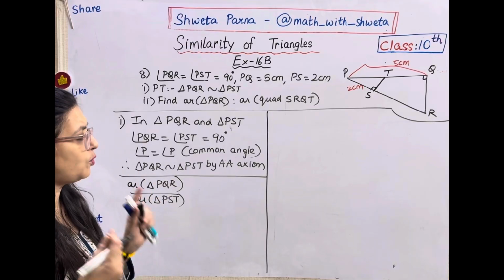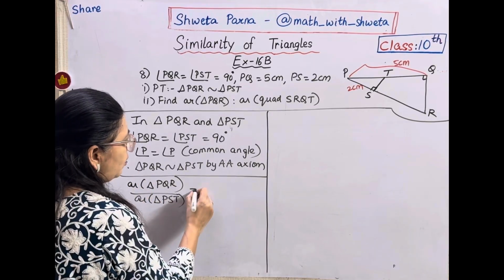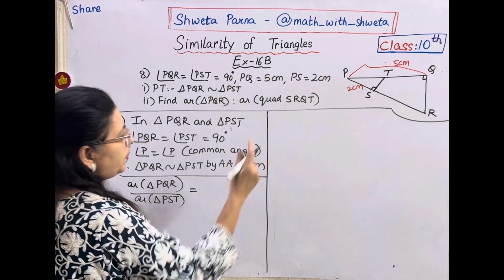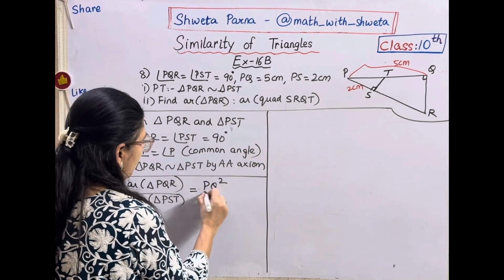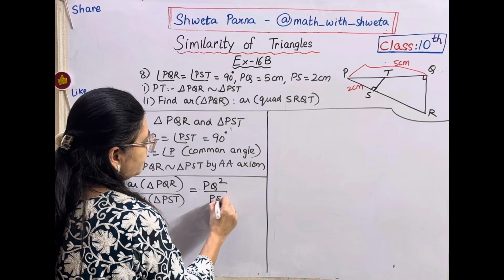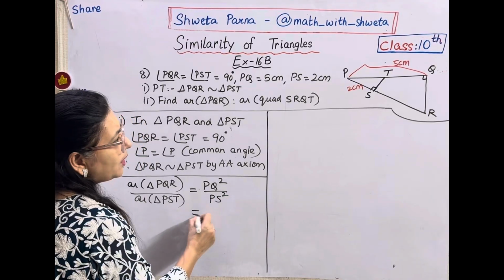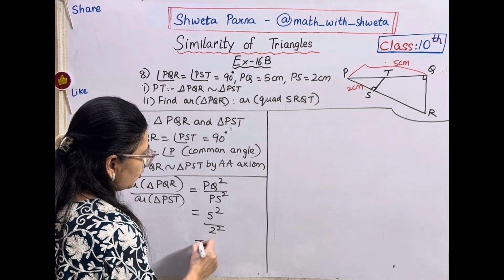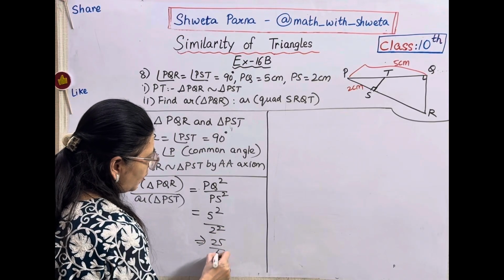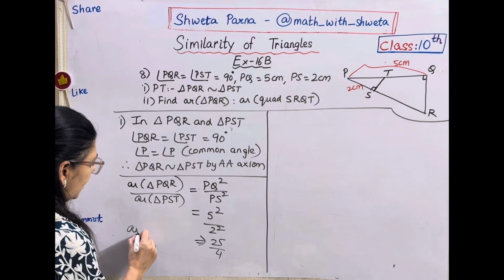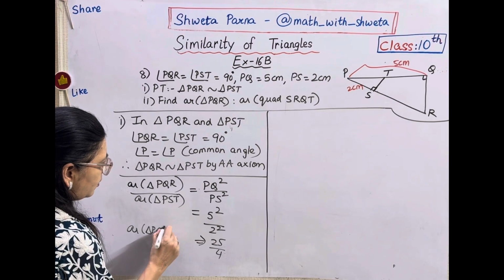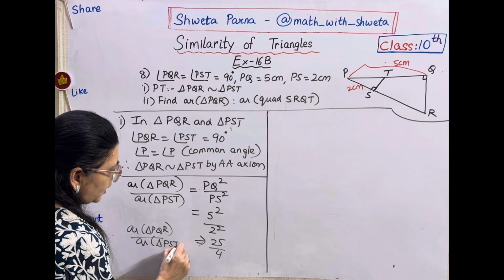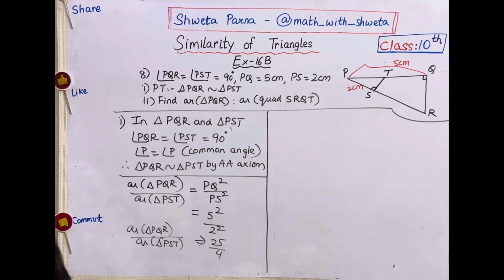So the areas of two similar triangles are proportional to the squares of their corresponding sides. So here PQ square and here PS square. What is PQ? PQ is 5 square and PS is 2 square. You will get 25 upon 4. This is area of triangle PQR upon area of triangle PST, which is equal to 25 upon 4.